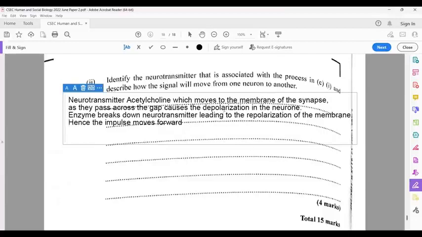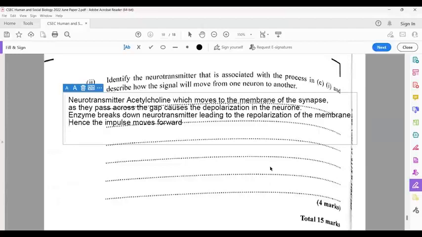It moves as the impulse passes, the membrane that contains this acetylcholine will move to the synapse. The synapse is the gap between the ends of the neurons. As it fuses with the synapse, the acetylcholine will pass through the gap, depolarizing the next neuron.